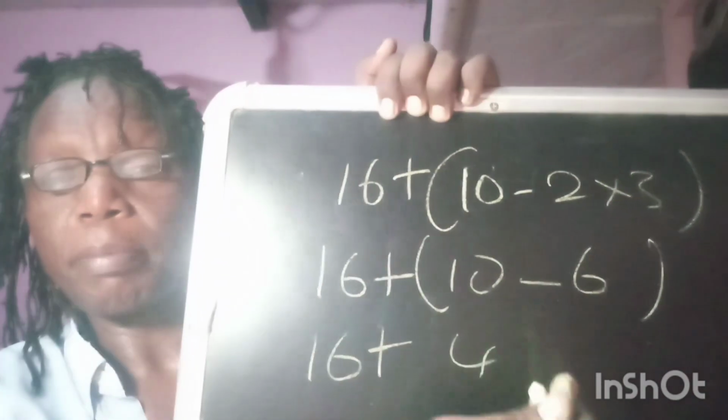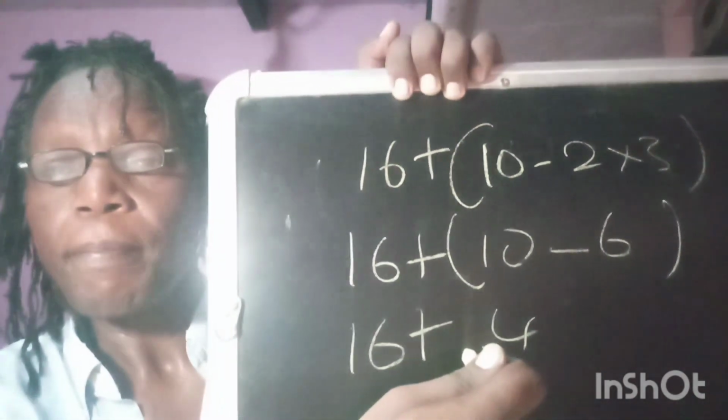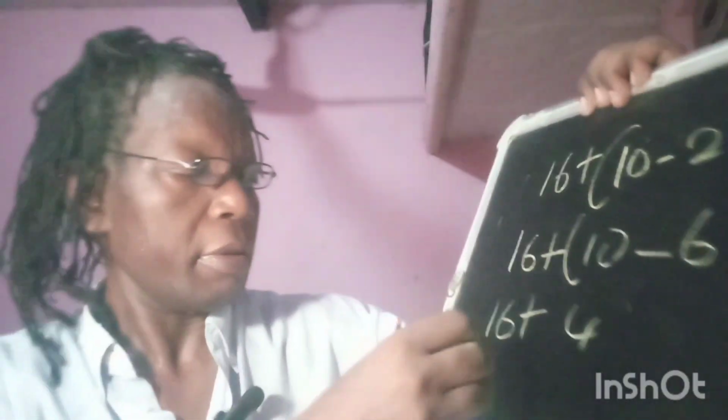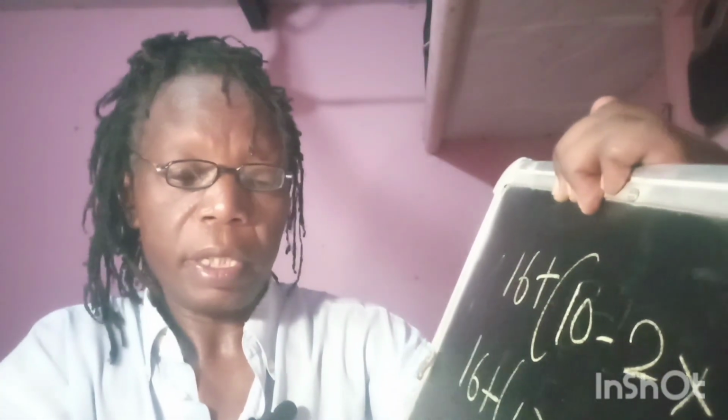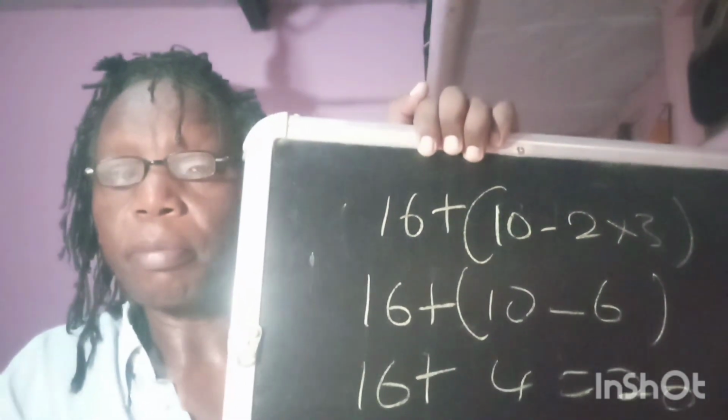Now the brackets disappear, all of it disappears. Now we have a plain expression, 16 plus 4, and this will give you 20 as the answer. You see how Bodmas works? Yeah, you give brackets first priority.